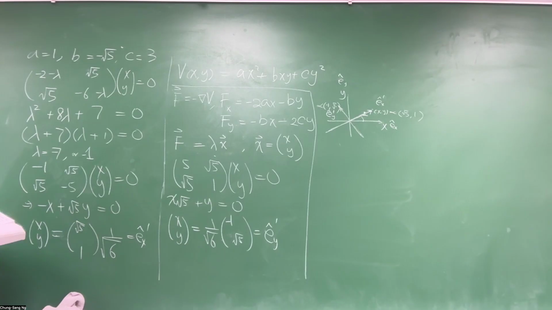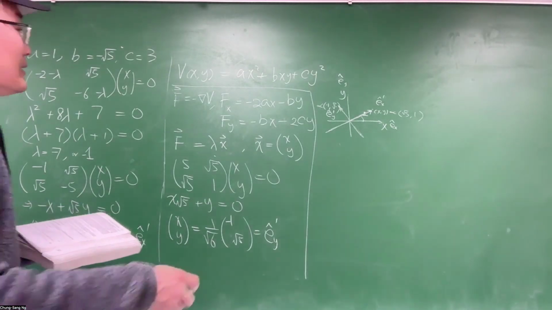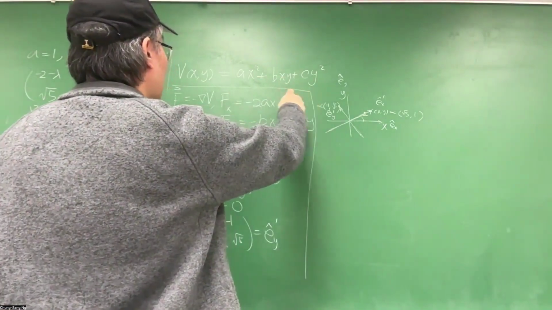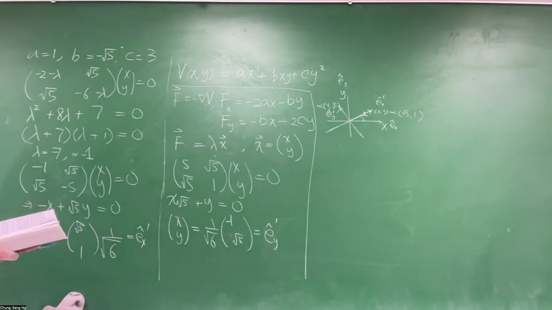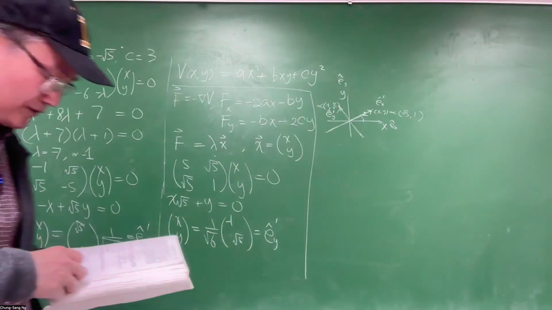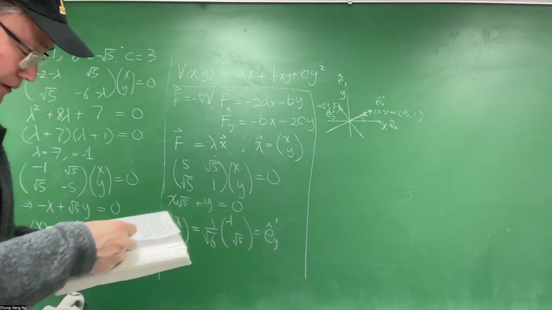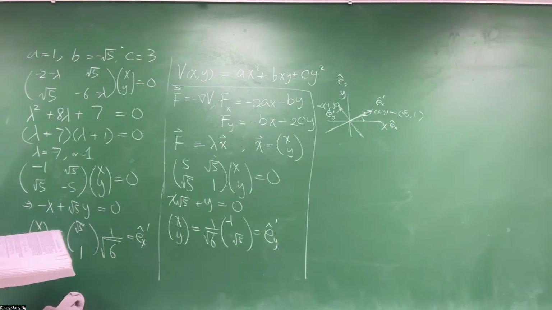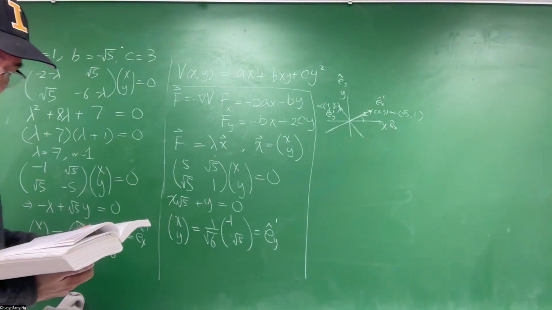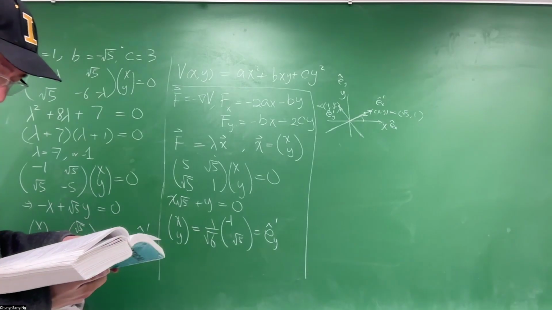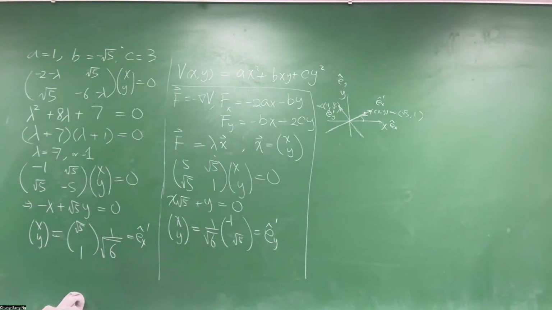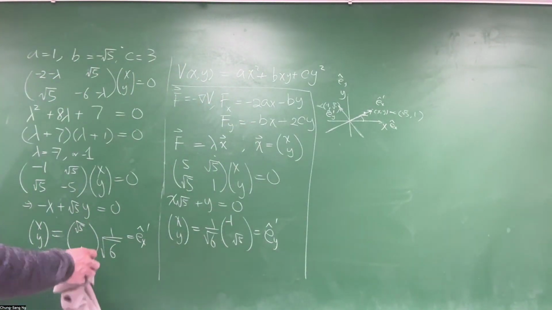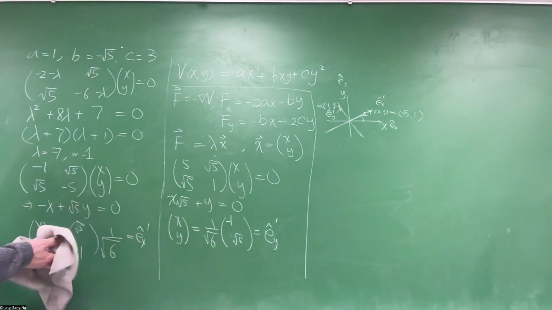Basically now you want to do a complete square so that it's involving just square terms of x prime and y prime. That can be done, you can figure it out. We'll have exercises like that in the homework, but that's quite straightforward to do.